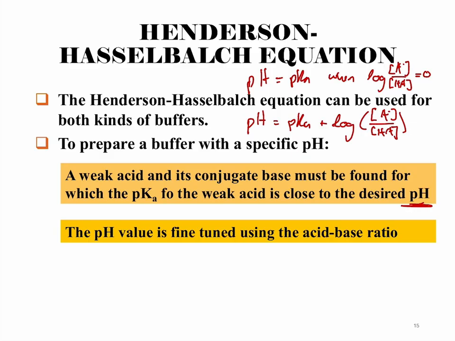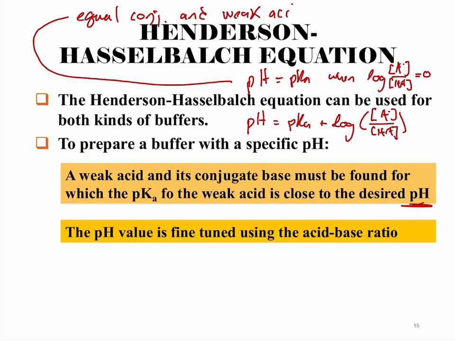So this is when we have equal conjugate base and weak acid, or HA equals A minus. So if you want to find a buffer solution for a specific pH range, all you have to do is find a weak acid whose pKa matches that pH, and then start with equal amounts.